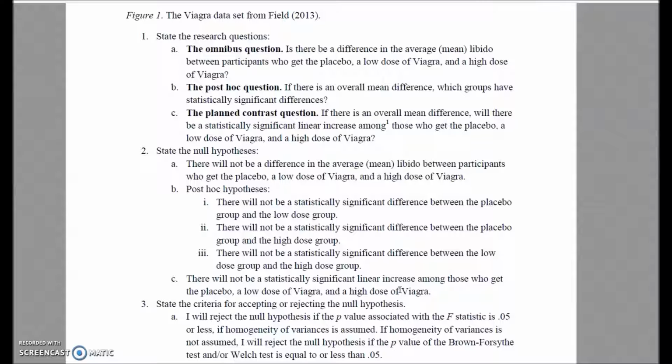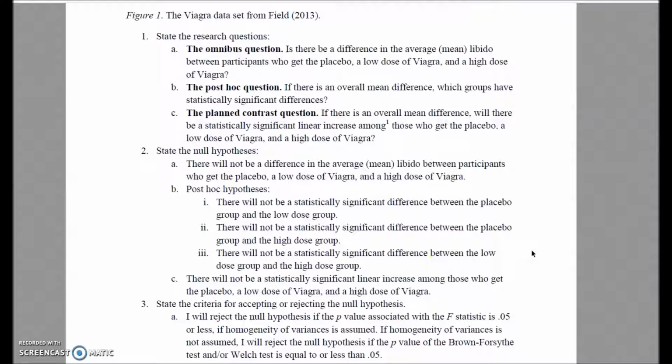That is what we want to see in the planned contrast. So our null hypothesis would be that there would not be a statistically significant increase. The null hypothesis is set up as being no difference. There will be no difference. There will be no statistical linear increase. There will be no difference between the means. That is how you set up your null hypothesis.